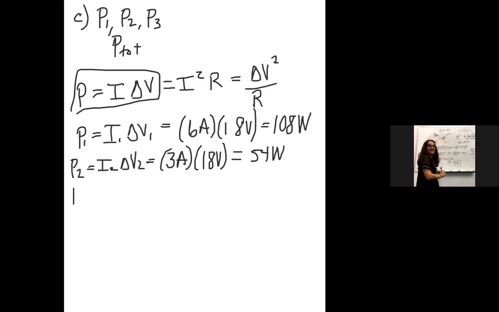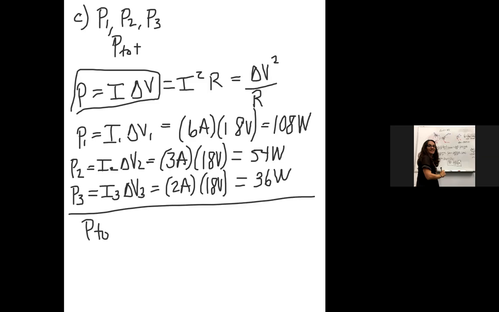And the third one is I3 delta V3, and that is 2 amps times 18 volts. And this is going to give me 36 watts. So the total is actually just the sum of that. Power adds for parallel circuits, and we'll talk about that in a second. So I just add those all up, and I get a total power of 198 watts.